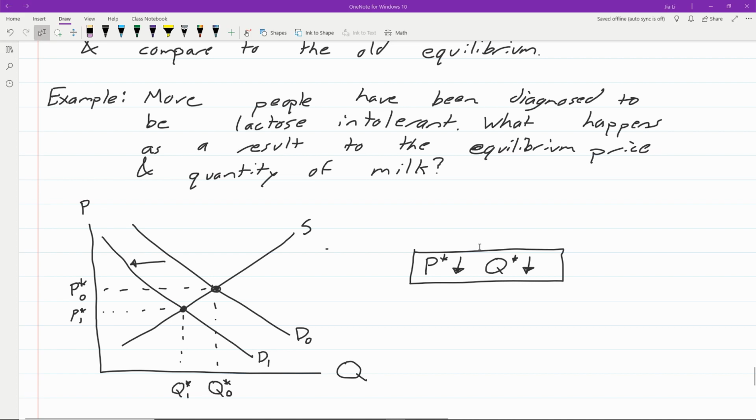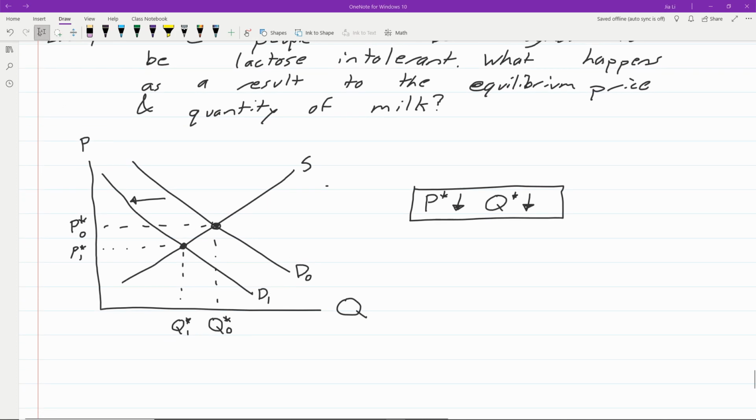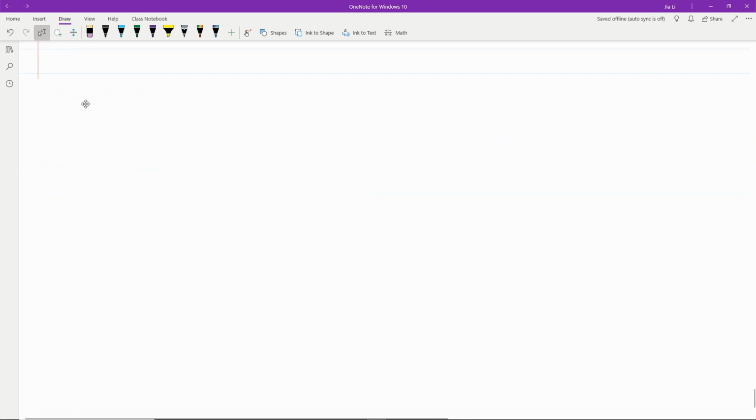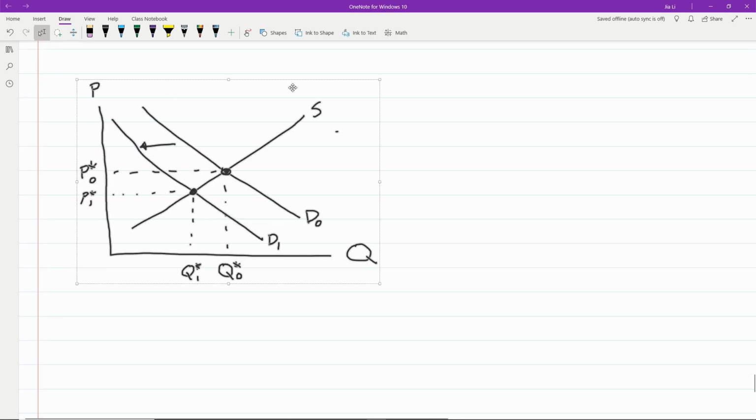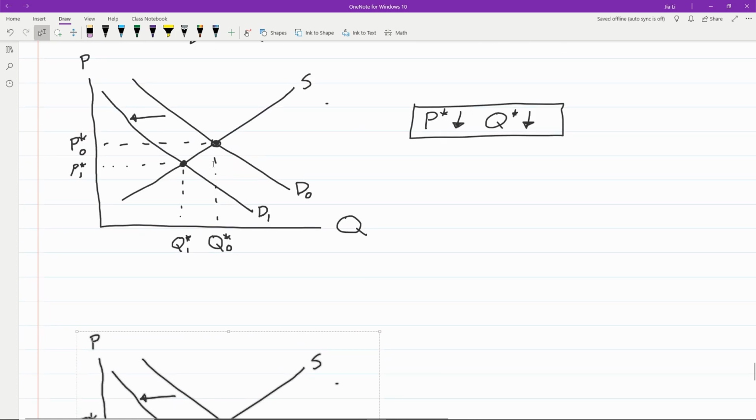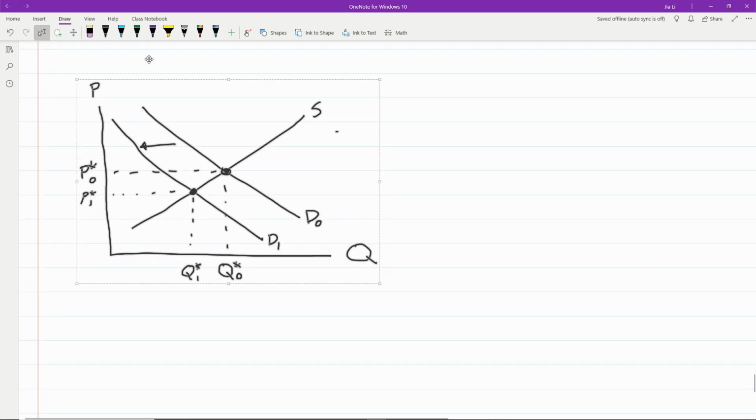Now, an important thing to consider here, and I don't want to muddy up this graph too much, so I will copy this and paste it down here, because there's something extra I also want to show on this graph, but I don't want to crowd the one graph up here that's already showing what the steps to take are for a question like that.